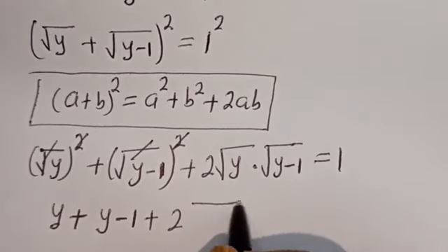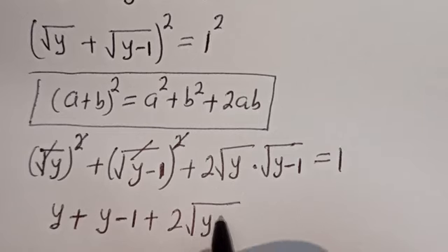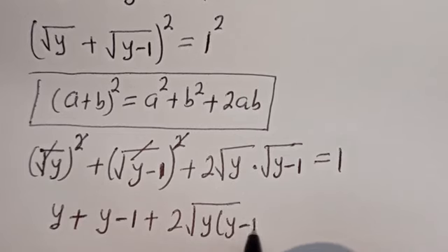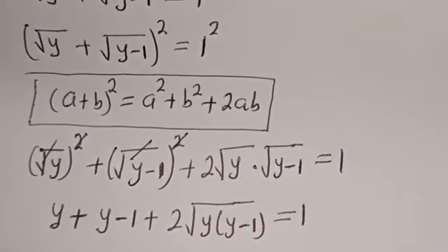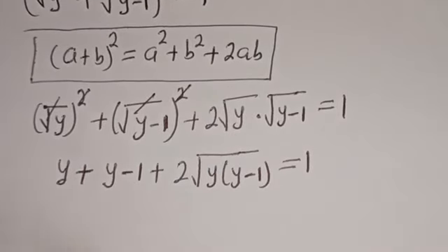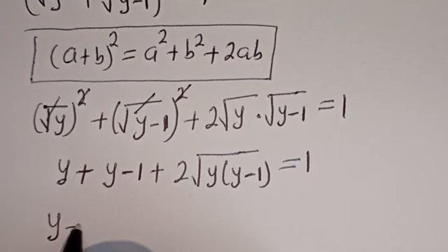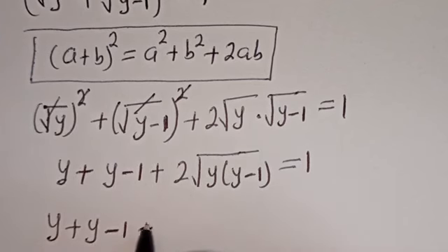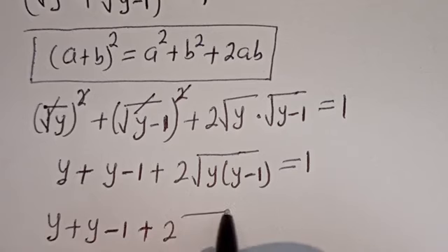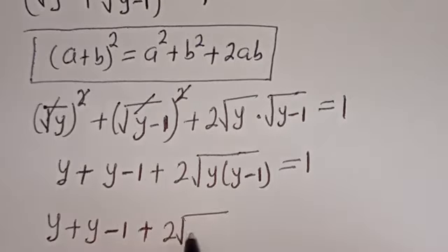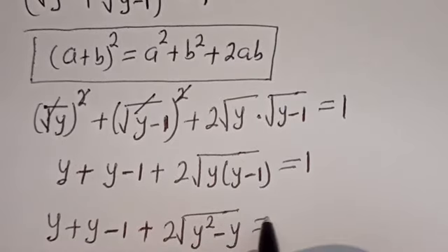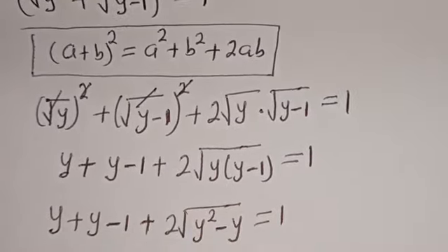This can be written as root y times (y minus 1) is equal to 1. Here we have y plus y minus 1 plus 2 root y times y, that is y squared, minus y times 1, that is y, is equal to 1.